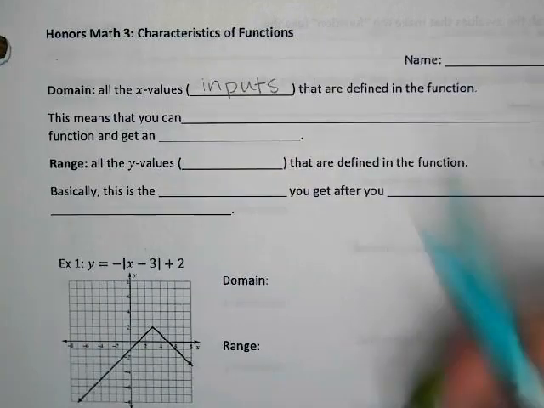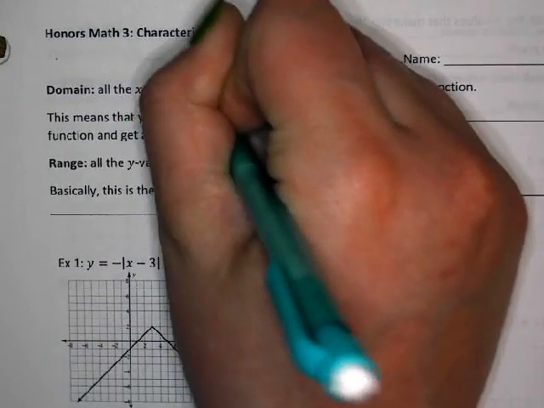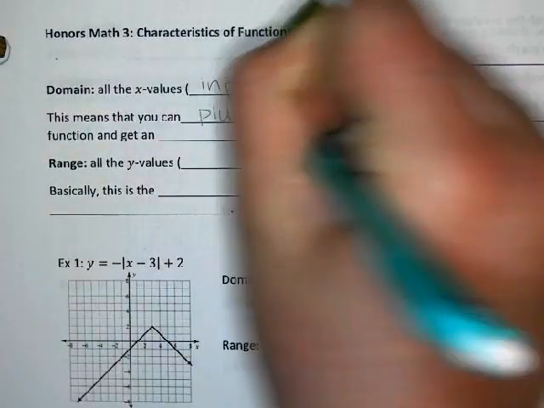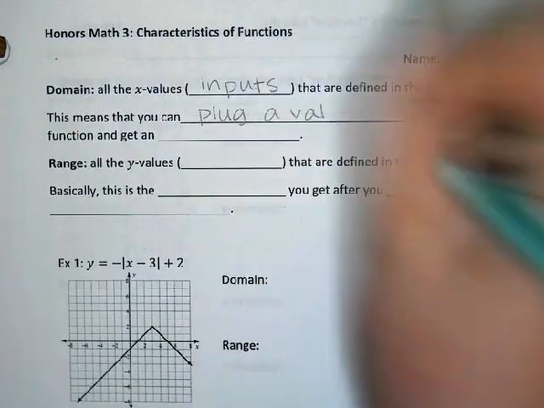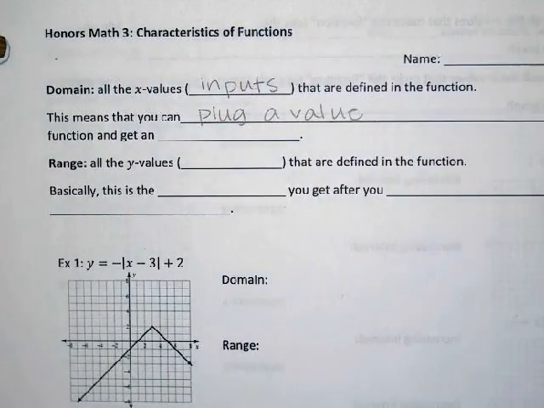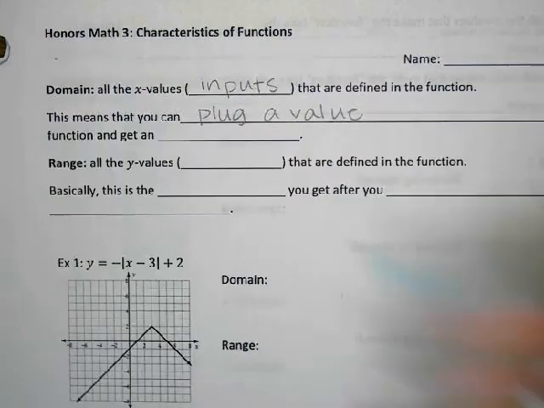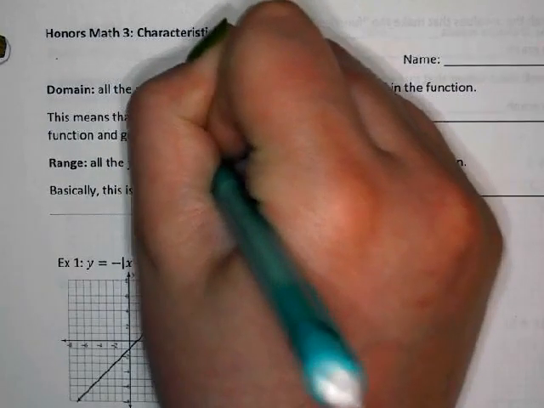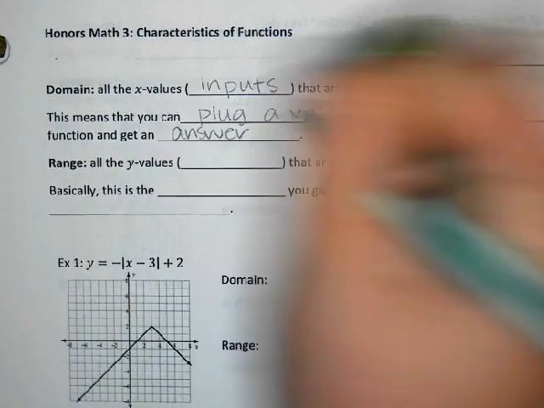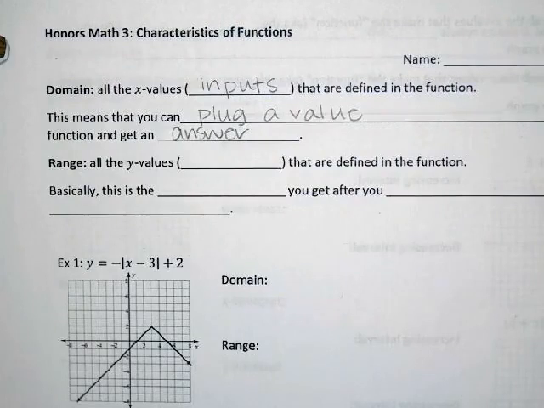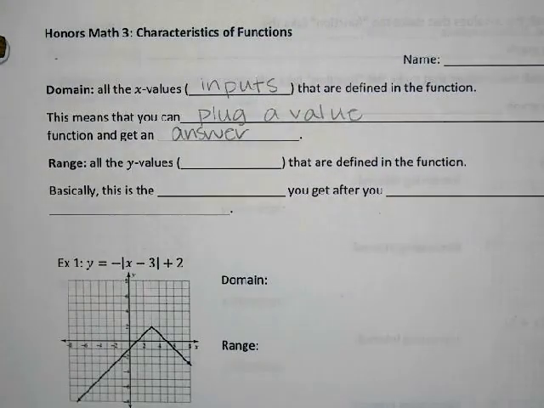This means that you can plug a value or plug a number into the function and get an answer. So we know that there are some things where you're not even allowed to plug in certain types of numbers.